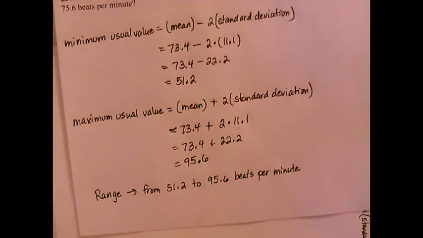So in this case, that's going to be the range of usual pulse rates. Okay, and in this problem, we were dealing with 75.6 beats per minute. Here, 75.6 lies between 51.2 and 95.6. So that is a usual value.